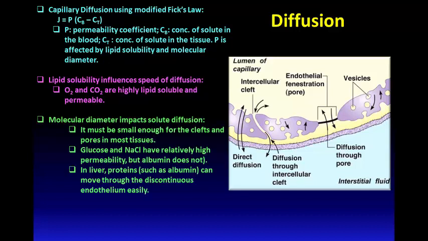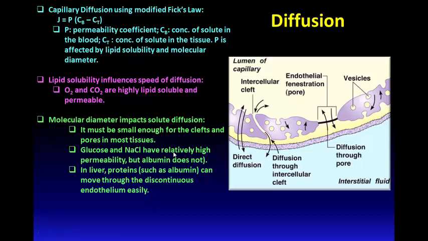The molecular diameter also impacts solute diffusion, and the diameter of the solute must be small enough for the clefts and the pores in most tissues. Glucose and sodium chloride have relatively high permeability, but albumin doesn't.